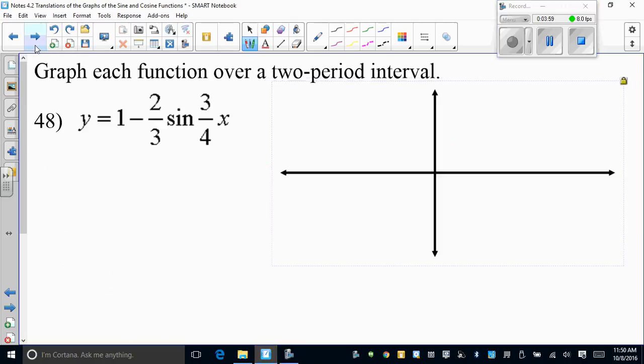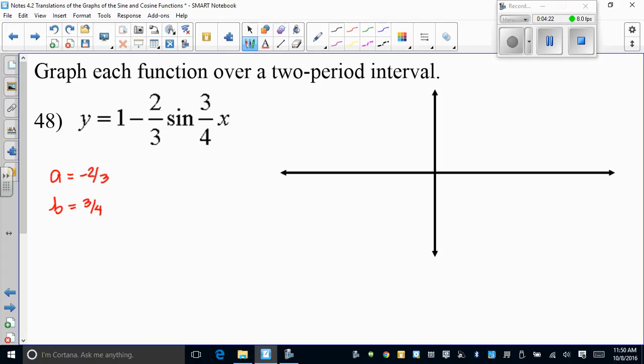Okay, next one. A equals negative 2/3. This is where I remind you the amplitude is just 2/3, because on the test it will say, what is the amplitude? And you have to know it's the absolute value of A. B equals 3/4.